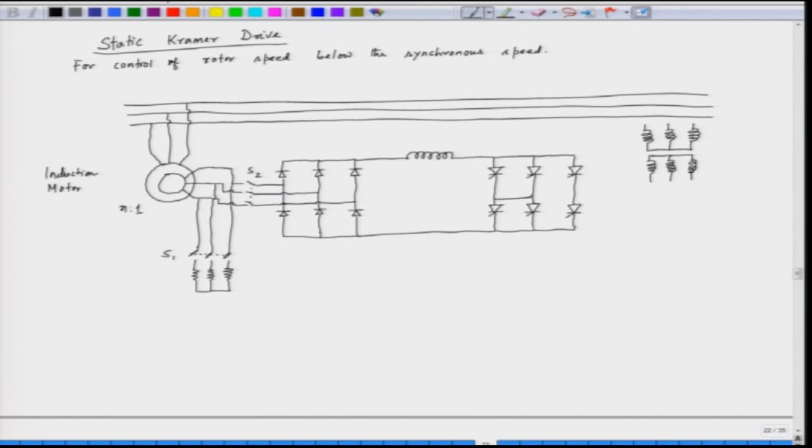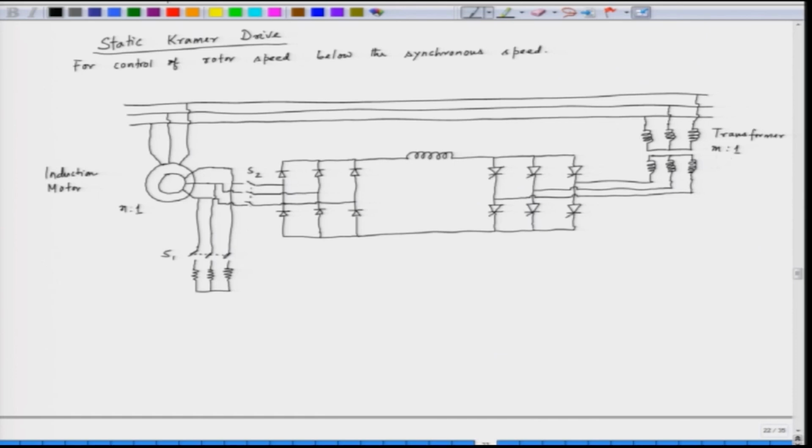So, this is the SCR bridge, and the SCR bridge is connected to the transformer on the input side, and the transformer is connected to the same 3-phase AC line. The transformer has a turns ratio of m:1, from the primary to this side.